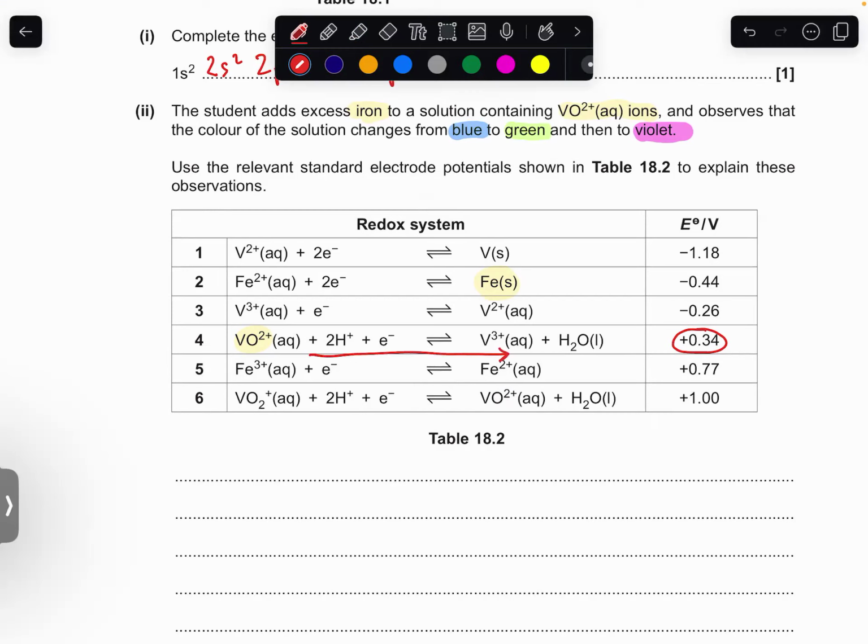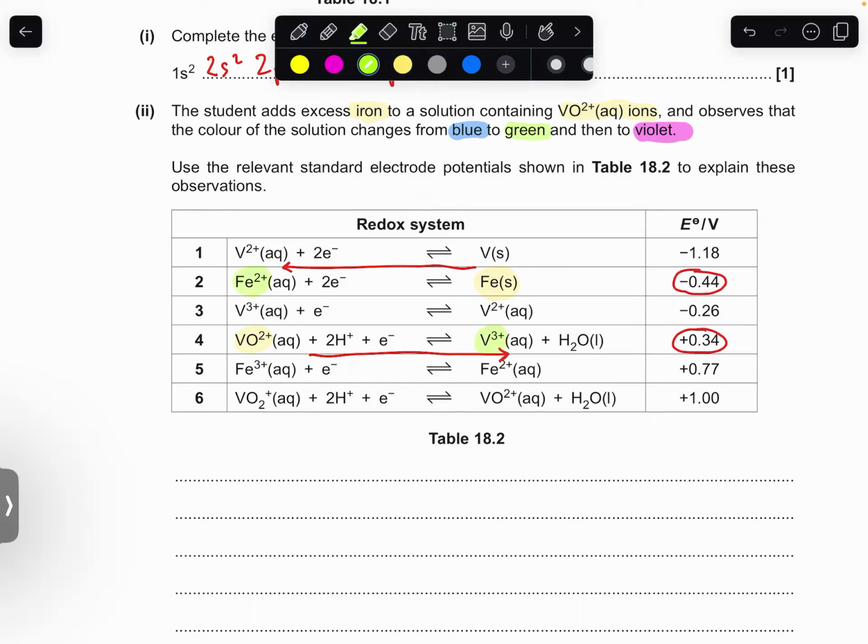Iron has the more negative electrode potential, so it loses electrons and goes in this direction. So what you're going to get, ladies and gentlemen, is V3+ ions, and it forms Fe2+ ions.